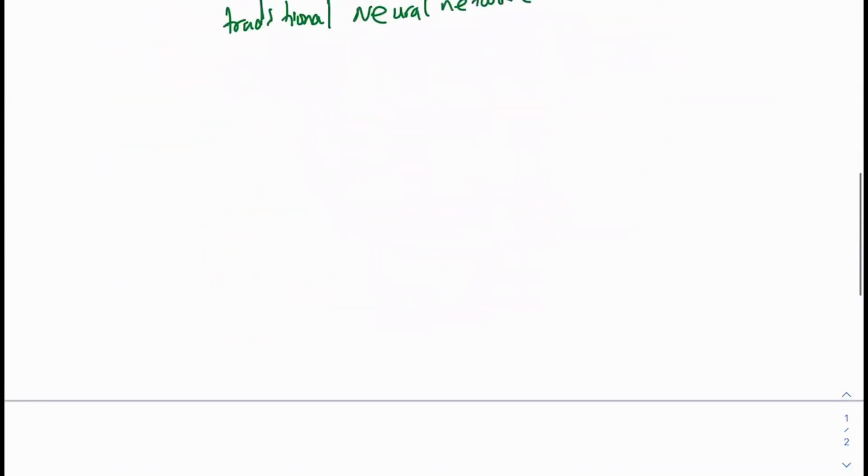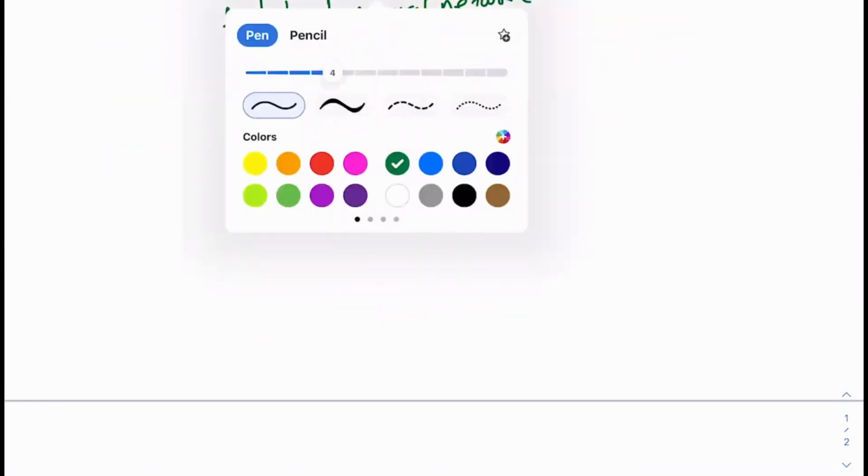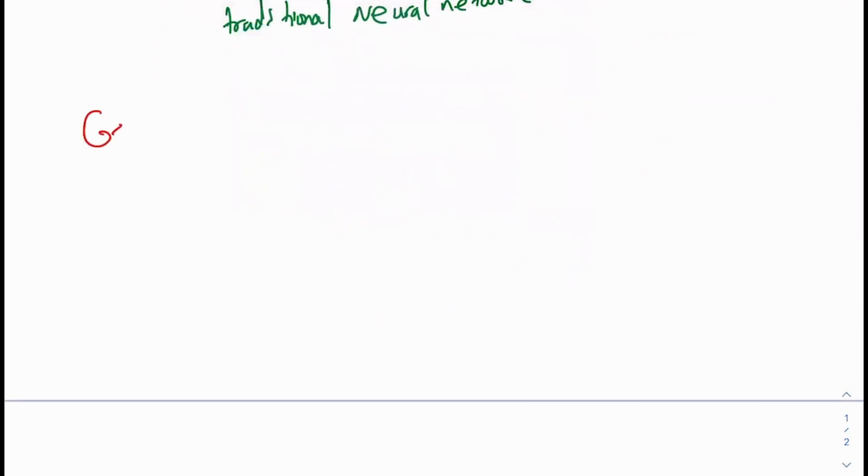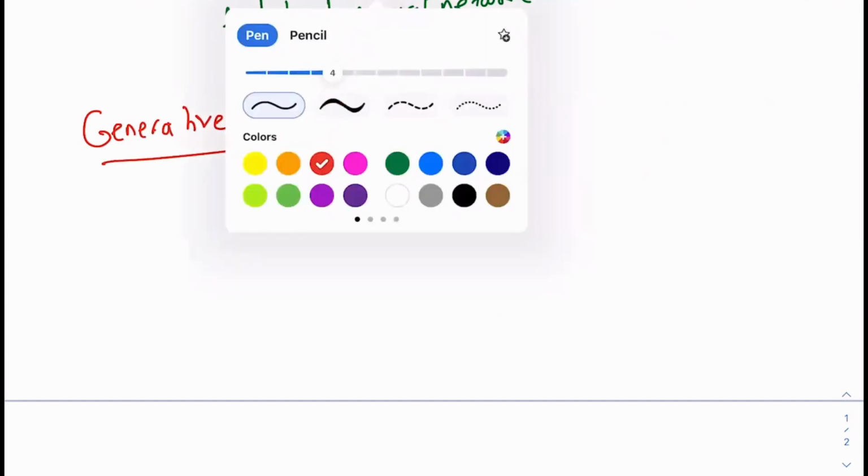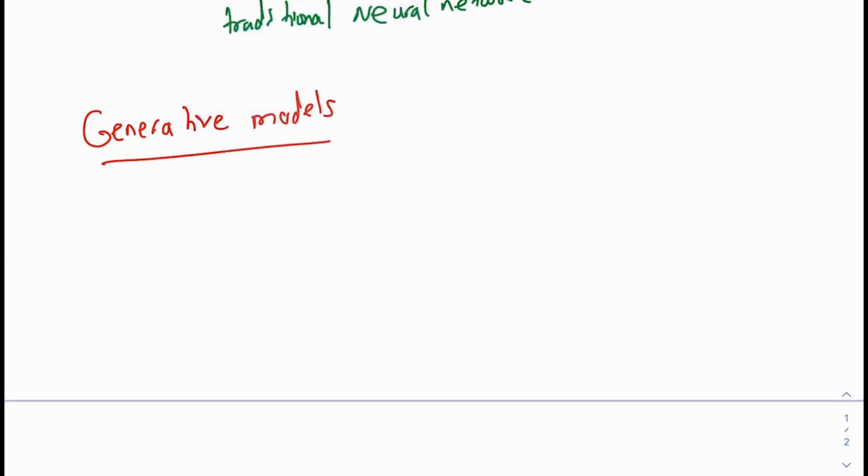Now let's talk about the generative model, and then I will compare and contrast it for you. Generative models are going to generalize. What does that mean? In discriminative models, we estimate P of y given x, the probability of output given the features.